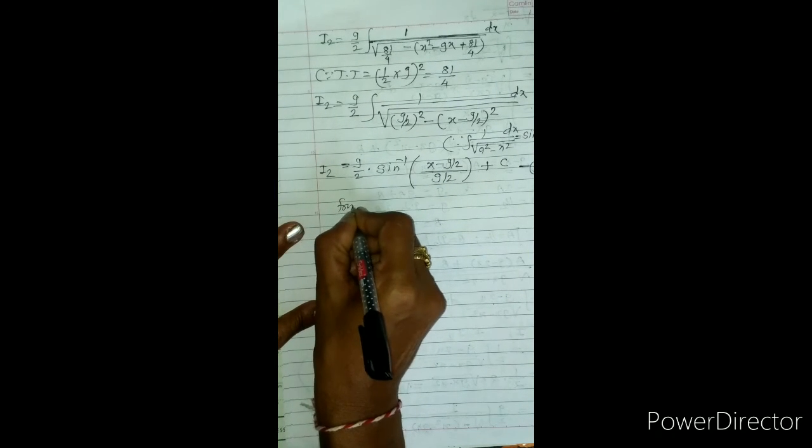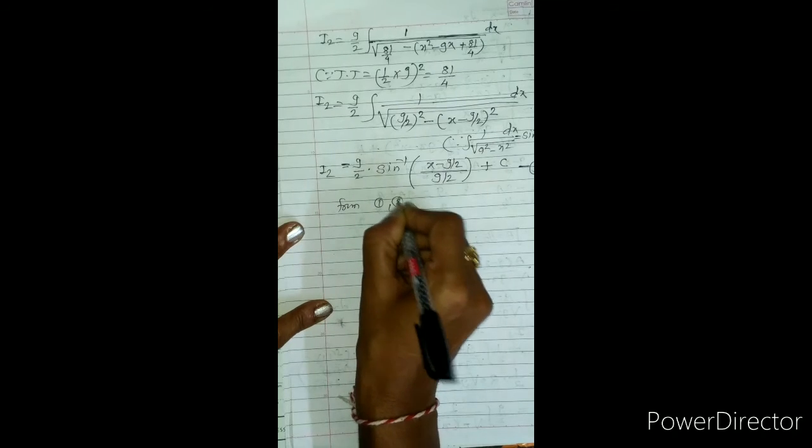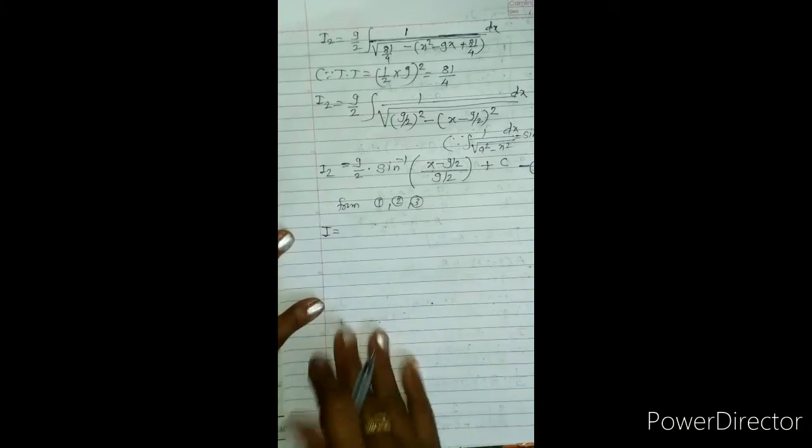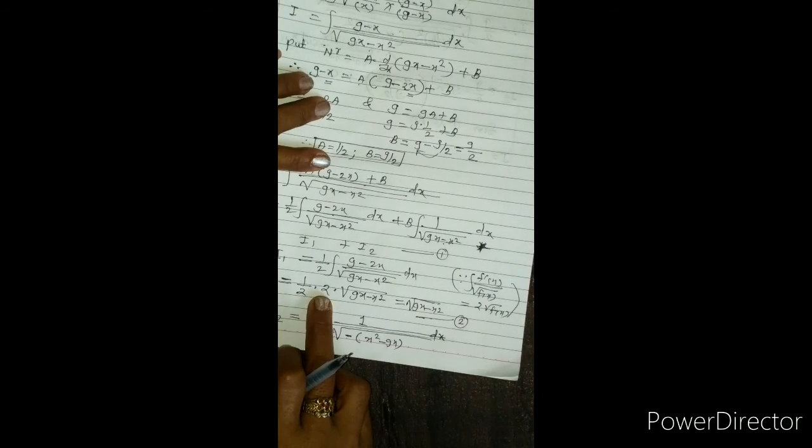So we take from integrals 1 to 3. Integral I becomes a times what is the value of I1? We get that value. I1 is equal to half times that 2 times root of x, meaning the root of only 9x minus x square.